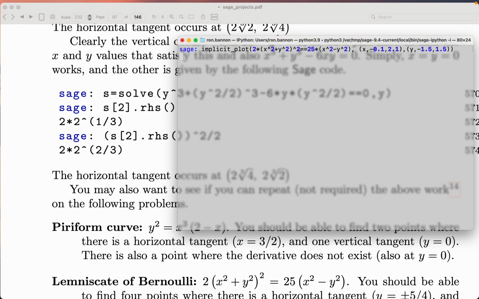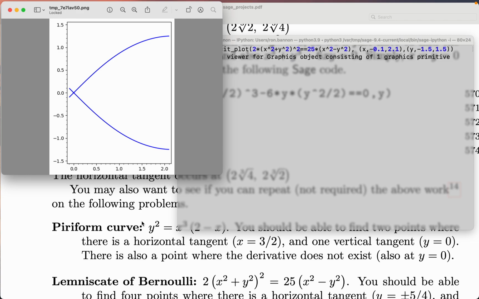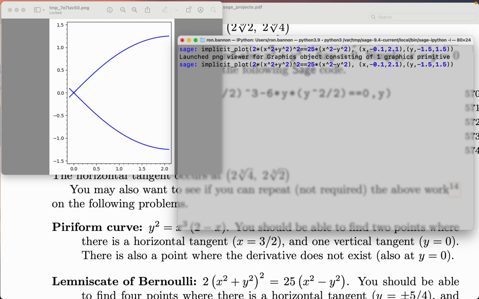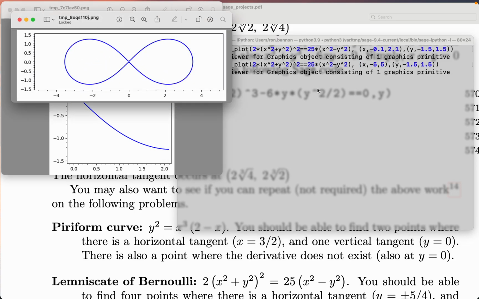And let's hit enter. I'm not seeing everything, so I got to change my window. And I'm going to change the x's. Let's try minus 5 to 5 now. Wow, looks like a figure 8, all right?